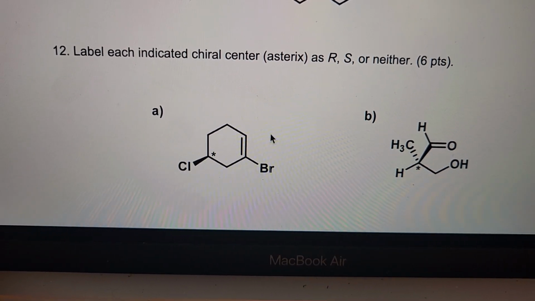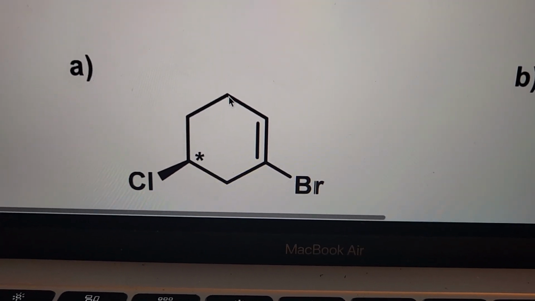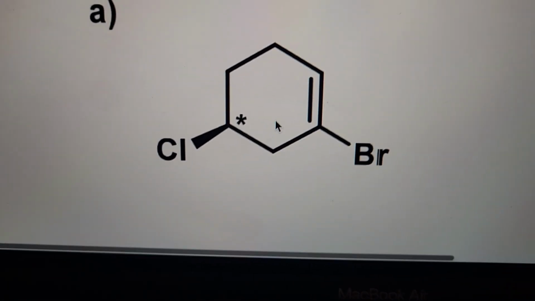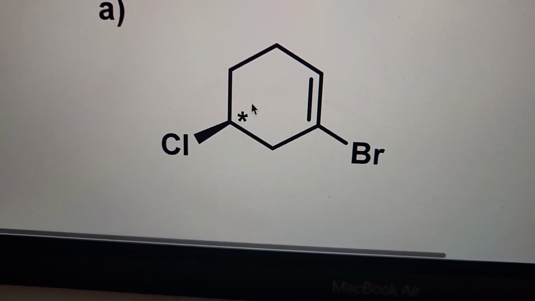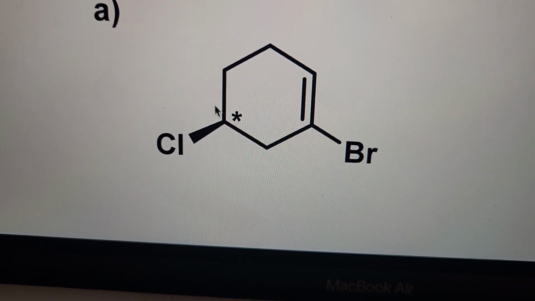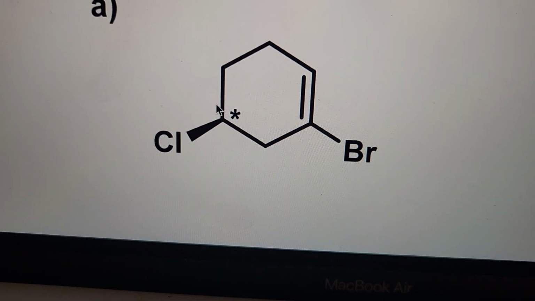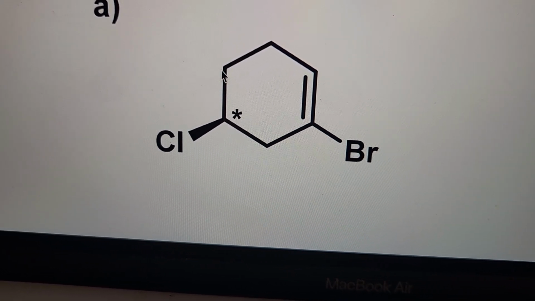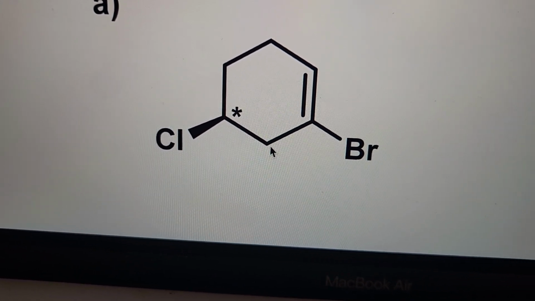Now we're going to focus on this, and in this case, we know that there's an H. We're not going to worry about it. We just want to define which one is 1, 2, and 3. We know that the Cl is 1. We want to know which one is 2 and which one is 3.